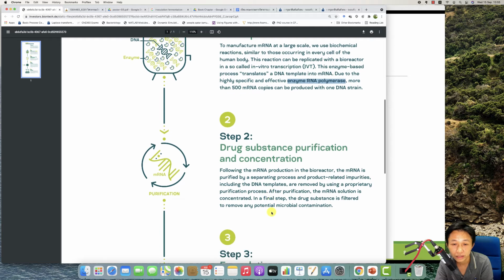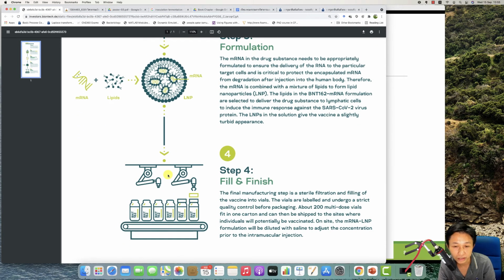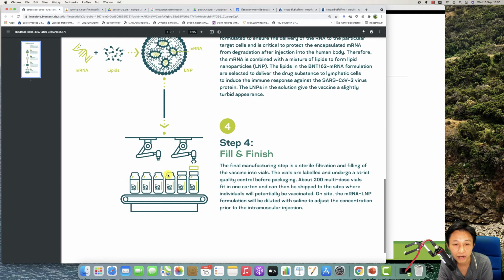And after you produce mRNA, you need to put in more ingredients. It's called LNP, lipid. So you wrap it with the lipid nanoparticle, and then you package it, and after that you make some market.